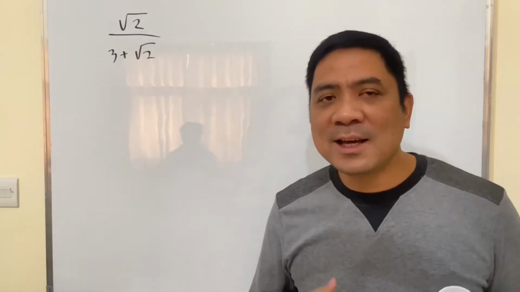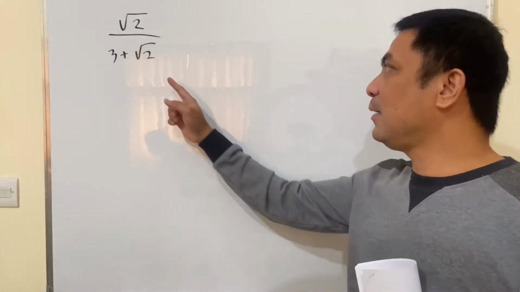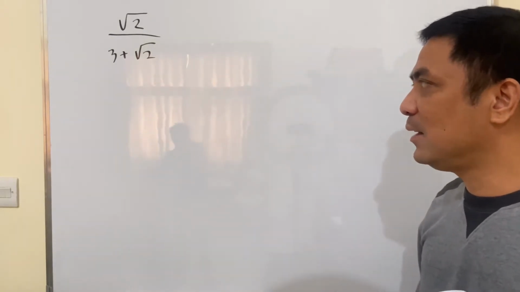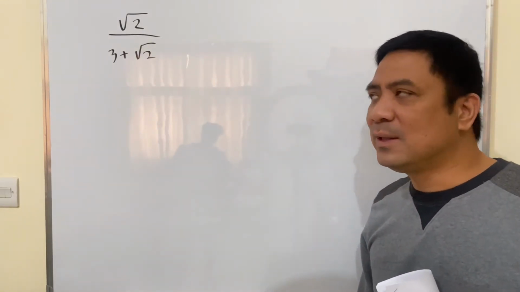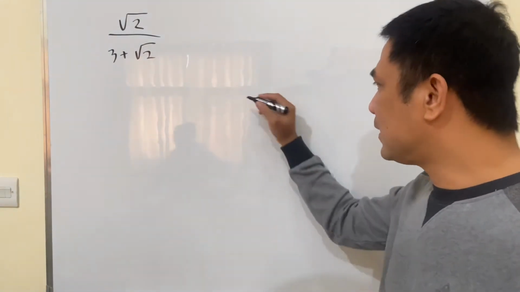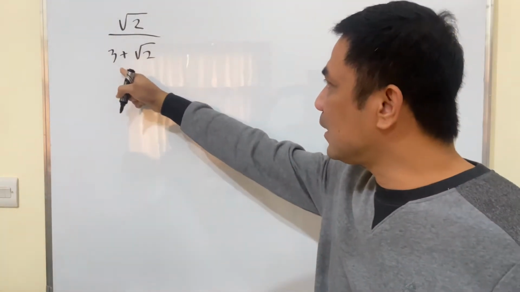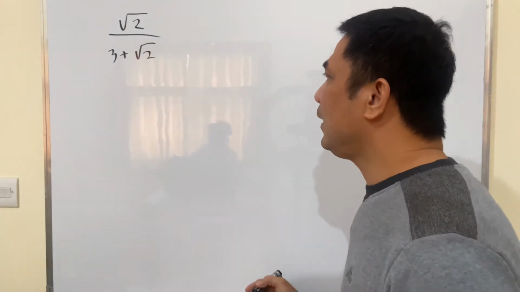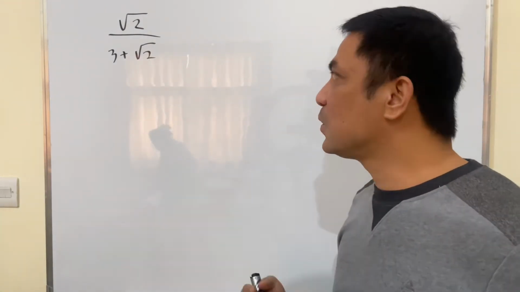So rationalize means we have to get rid of the radical sign in our denominator. So how will we do that? To get rid of the radical sign in our denominator, we just have to find the conjugate of this 3 plus square root of 2 to make it a sum and difference of 2 squares.